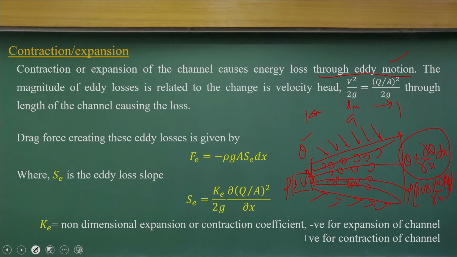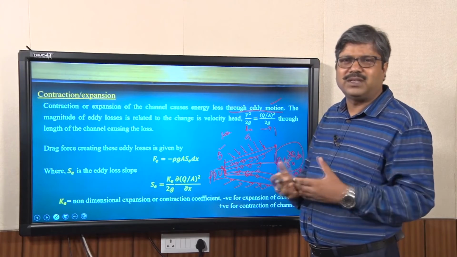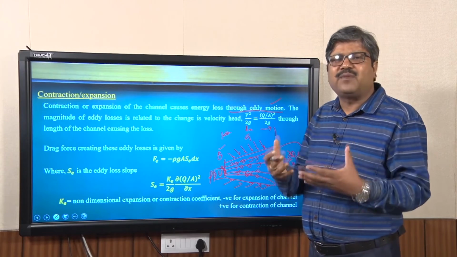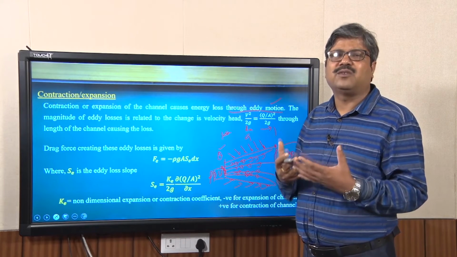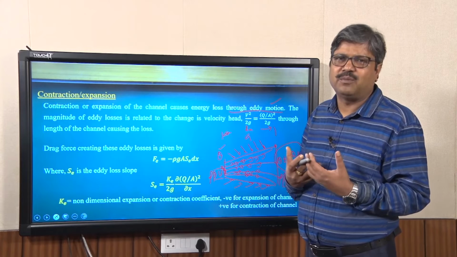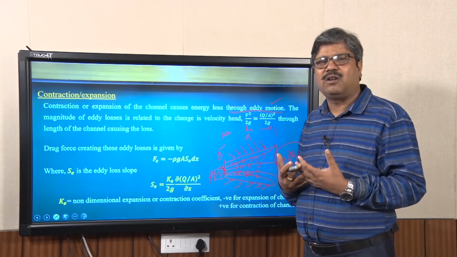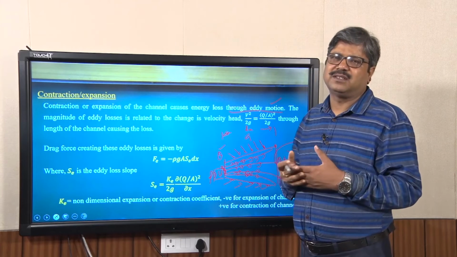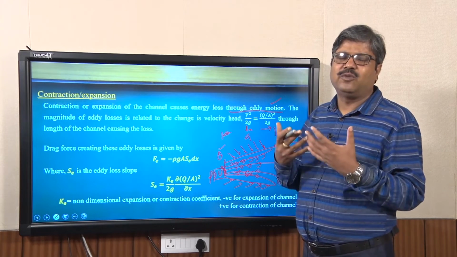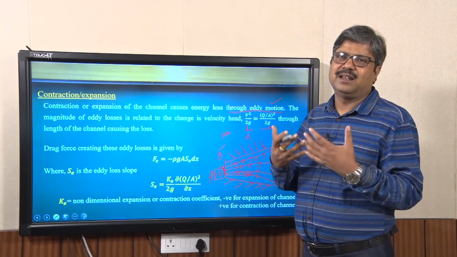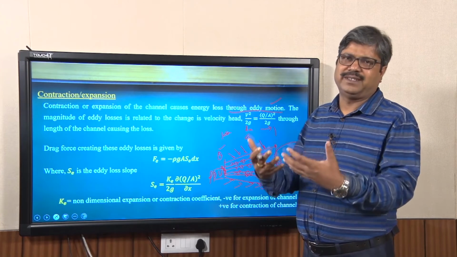We are not going into the basics of how eddy formation happens or how to quantify it in detail. We are just quantifying energy loss by following the hypothesis of pipe flow. In a pipe flow, these eddy formations at a pipe expansion joint are considered minor losses, and we establish the energy losses in terms of velocity head.